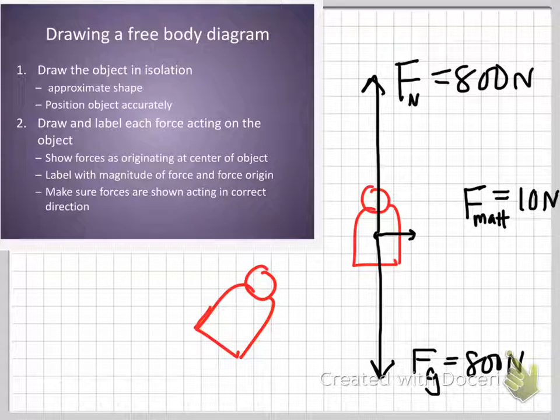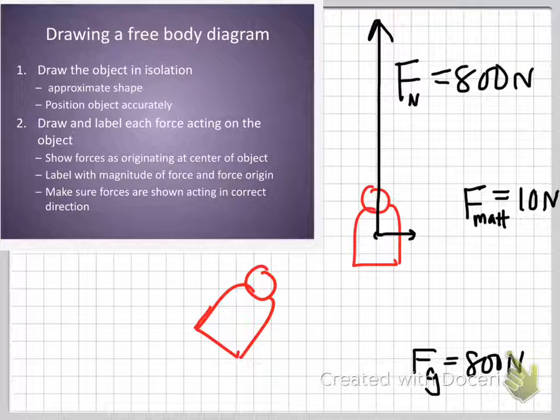So let's see, I can't even achieve what I need to on this scale. If we've got two forces that are identical in magnitude, their lines should be equal. So it doesn't have to be perfect, like I said, but it should be reasonable because it helps you visually recognize what's going on.